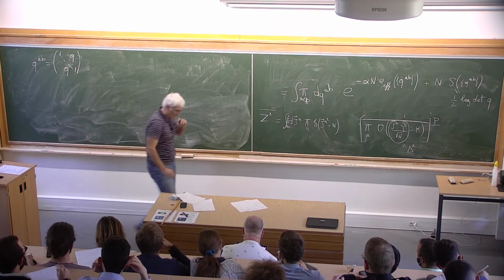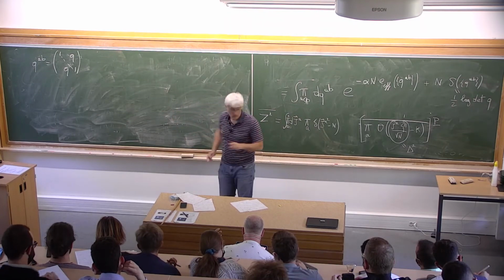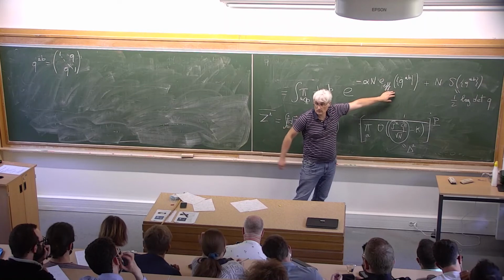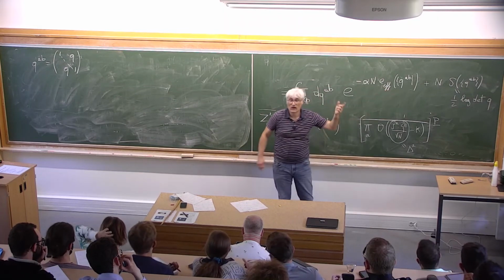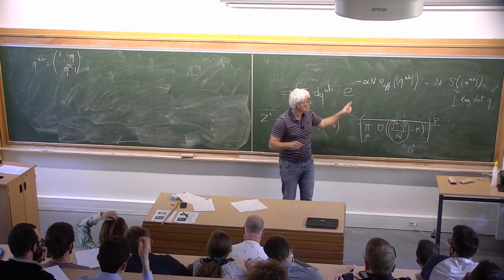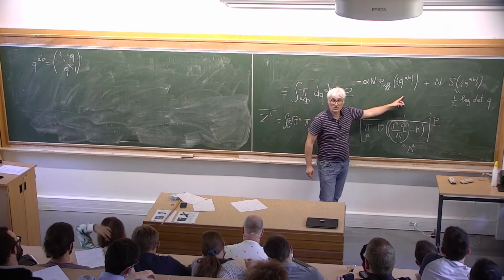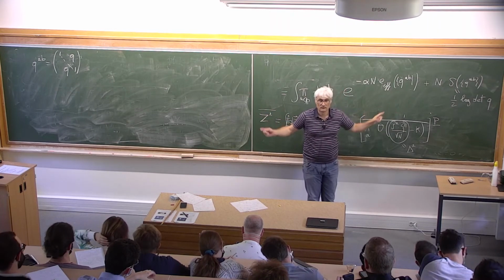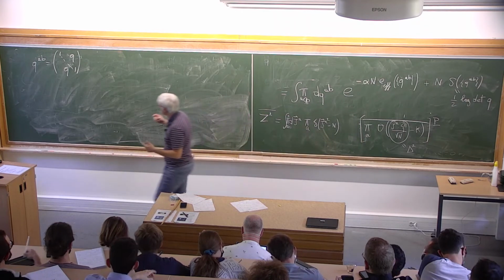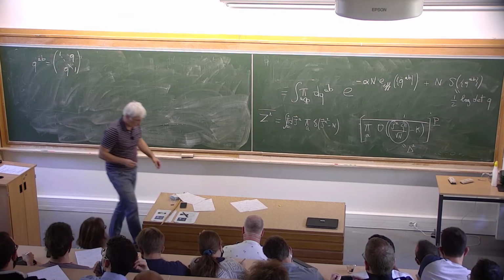So I will use that, put it here inside my expression that I erased, but you have it in your notes. And then do the small n going to 0 limit. In principle, as I told you yesterday, you shouldn't do that. You should do the saddle point here, the optimization equation, then do the ansatz, because this way you can compute the Hessian, you can do a lot of things. Otherwise, you cannot do that. But just to spare time, I will do it this way, which is dirty but quicker.